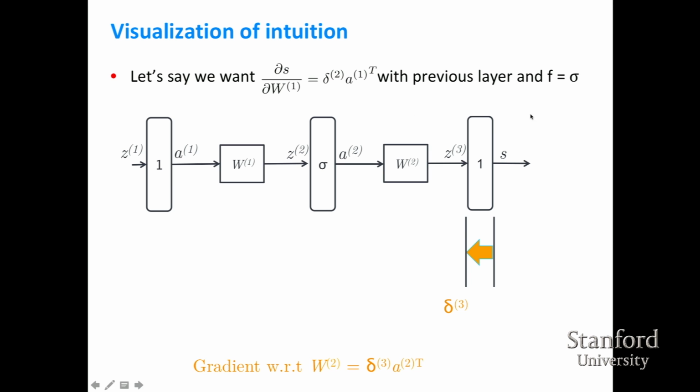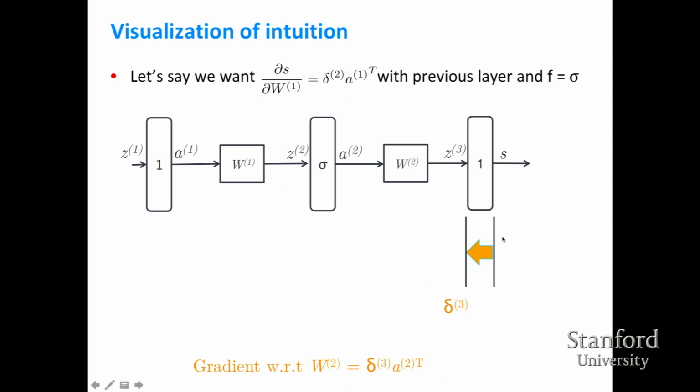This is the kind of flow graph that combines these two worlds. So we assume here we had our delta error signal coming from the simple score that we have. And let's say we want all the updates to W2 and W1.